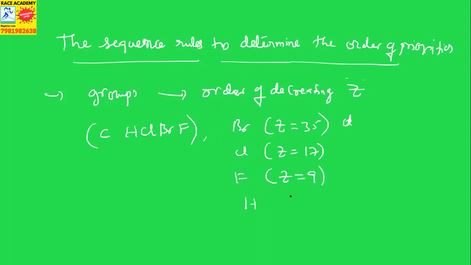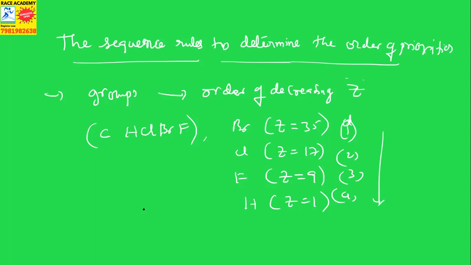As you know, the atomic number of hydrogen is 1. So if you arrange them in this way, bromine is first, then chlorine, fluorine and hydrogen, in this order.